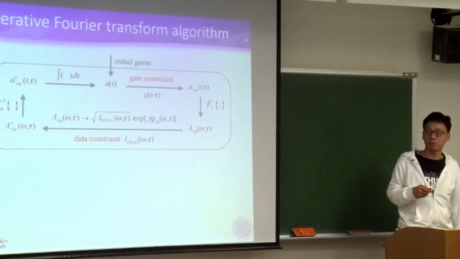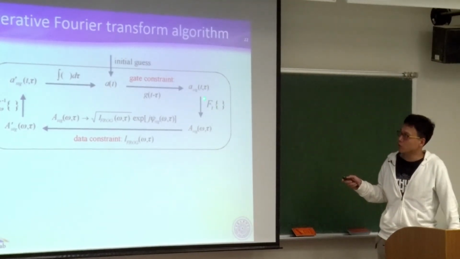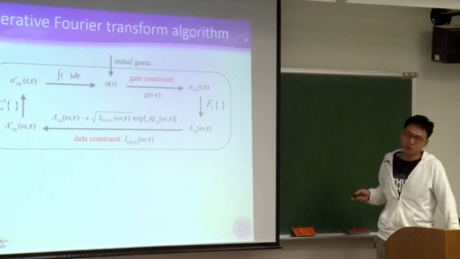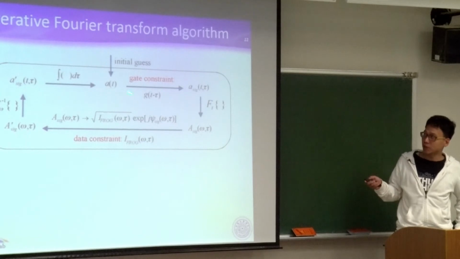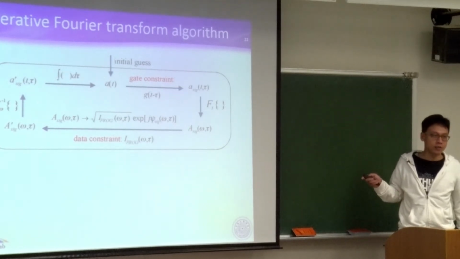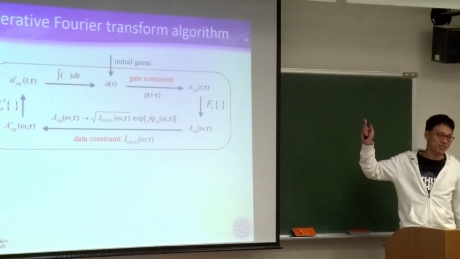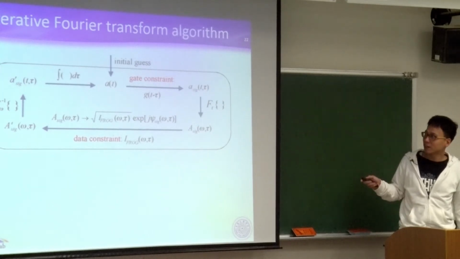Okay, now we have to jump to the frequency domain. So performing Fourier transform with respect to a variable t, you got big A sub sig. Remember, this is different from A sub sig tilde in the previous page, okay?